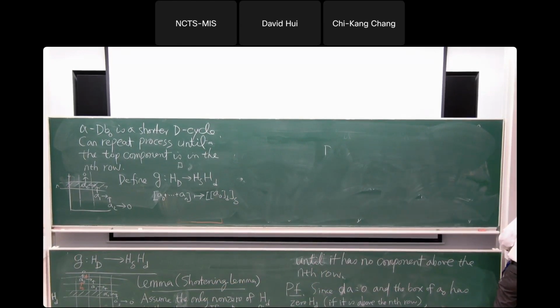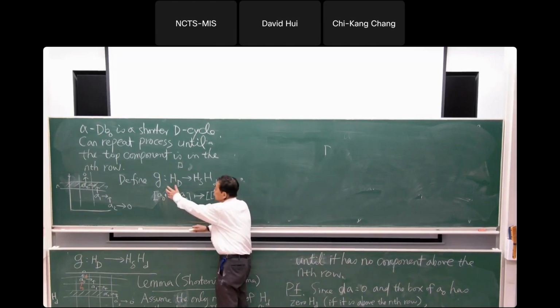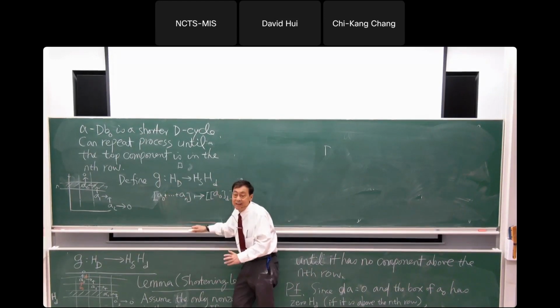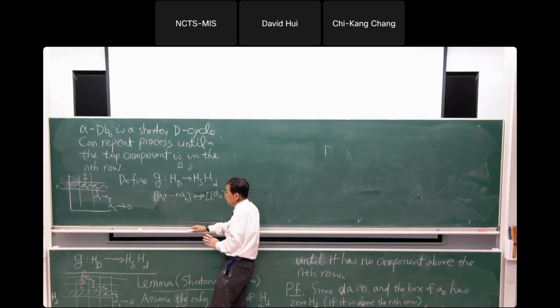So let's continue. Now we have defined this map, going backwards from H big D to H delta HD.